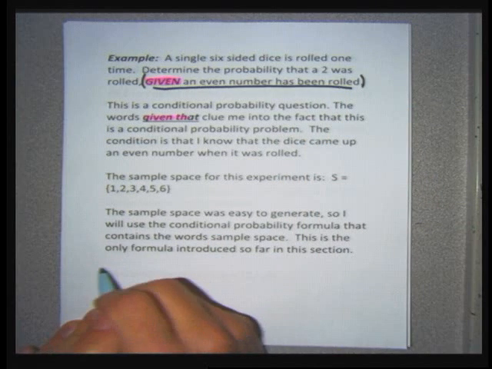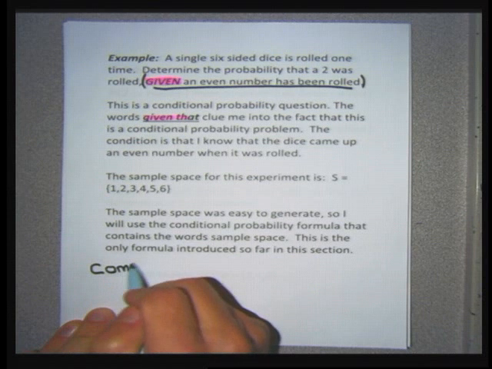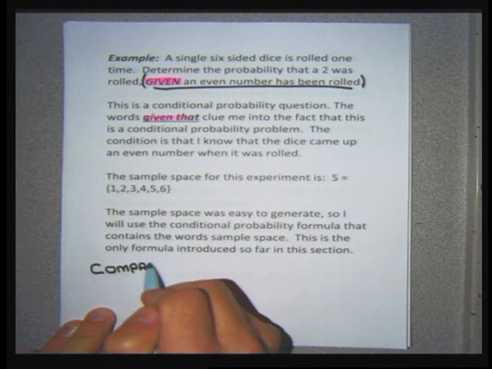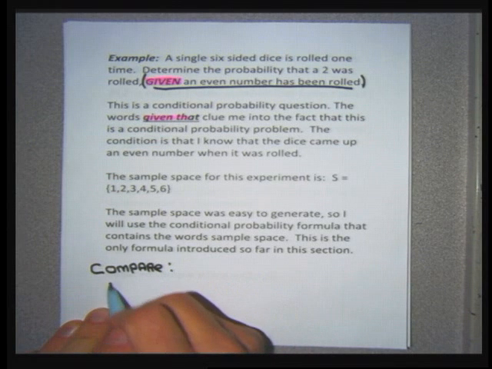So I want to compare two probabilities to help you see the difference between traditional probability and conditional probability.